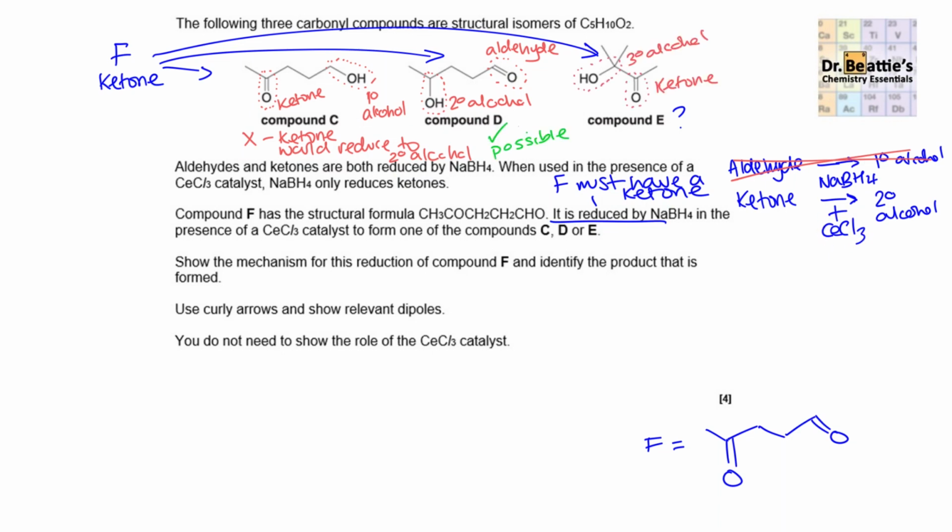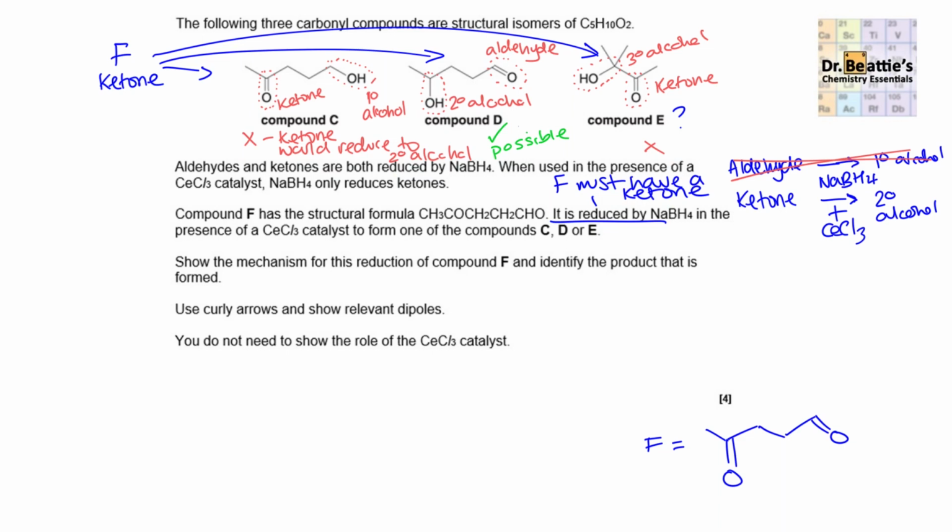And then in compound E, we have both a tertiary alcohol here and a ketone. Now, just like compound C, if we had a ketone in the product, which we do have in E, this would actually be reduced to a secondary alcohol. So we know that cannot be the product. We know the product can only be compound D out of these three possibilities.